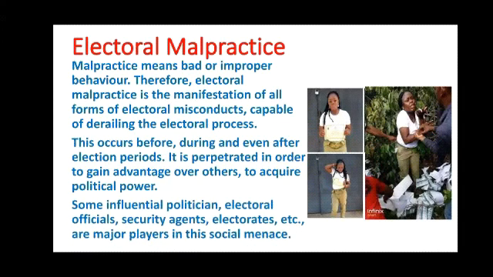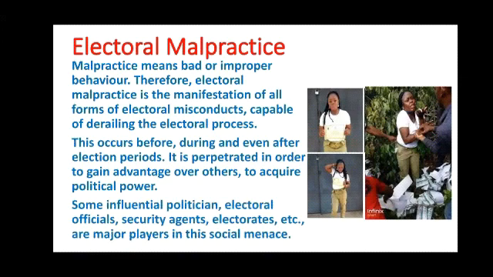Electoral malpractice is a cankerworm that has eaten deep into the fabric of the Nigerian electoral system. And some influential politicians, the officials, and even security agents down to the electorate participate or take part in this menace.